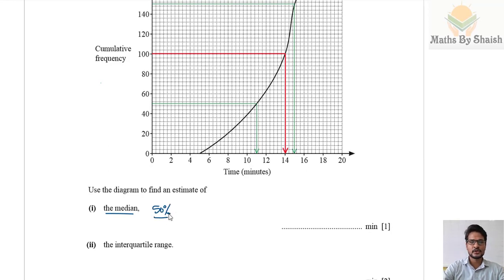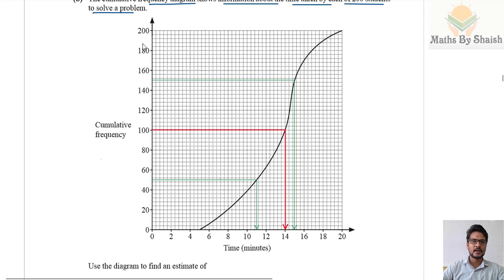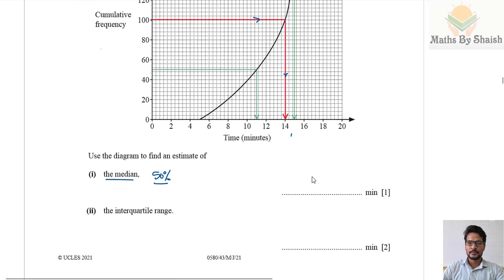Median means 50%. So here median would be 50% of the total frequency, that is 100. So from 100 on the frequency, we will go to the graph, and once we reach the graph, we will go down to find the x value, and the time is 14. So the median time is 14 minutes.